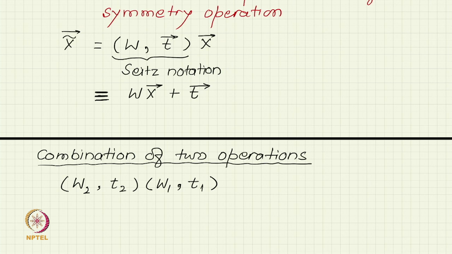You can see its effect on a given vector x, and you do it in steps. So, first W1 t1 will act on x. Let us leave W2 t2 for the moment sitting quietly there, and W1 t1 acts on x. So, that gives you W1 x plus t1.